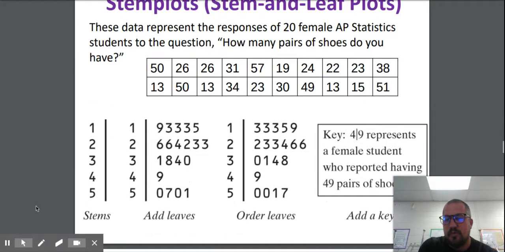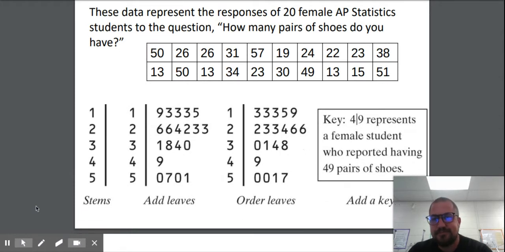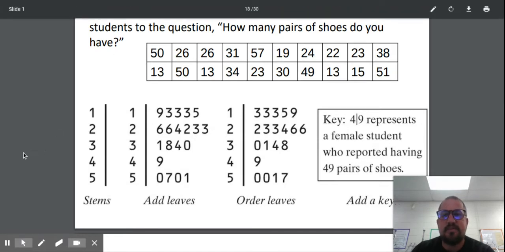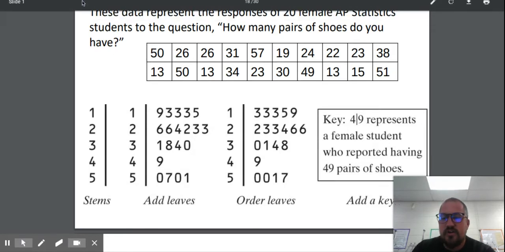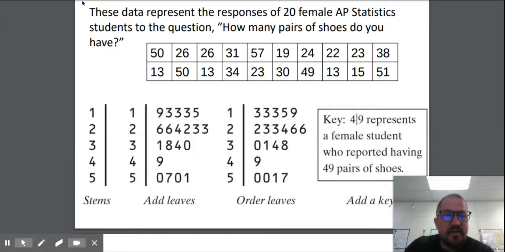So here's an example of a stem and leaf plot, and this is the responses of 20 female AP statistics students, and the question was, how many pairs of shoes do you have? Basically, the biggest number in this data set is 57, and the smallest number is 13. So we have stems of 1, 2, 3, 4, and 5 for the 10s, 20s, 30s, 40s, and 50s.